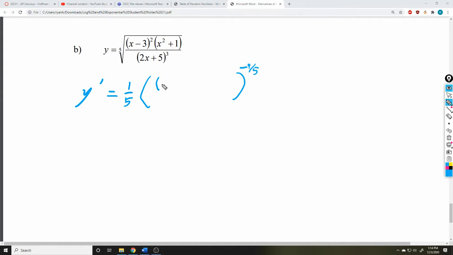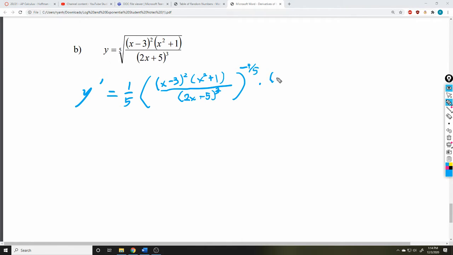But then since it was all to the 1/5 and I still have things inside of the function, I would need a chain rule. So I'd have to multiply by the derivative of the inside part. Well, bad news, the derivative of the inside part is one giant quotient rule.